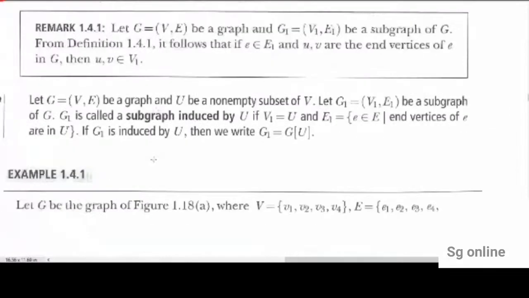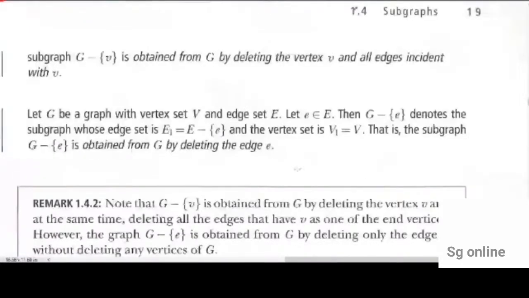Next, we are creating two operations for our own convenience: deleting a vertex from a graph or deleting an edge. How can we symbolize it, or how can we make the notation for deleting a vertex from a graph? Now as you are seeing on the screen, it is written G minus singleton set {v}.